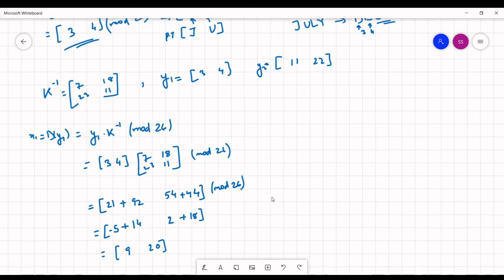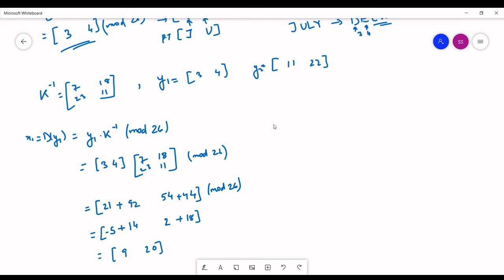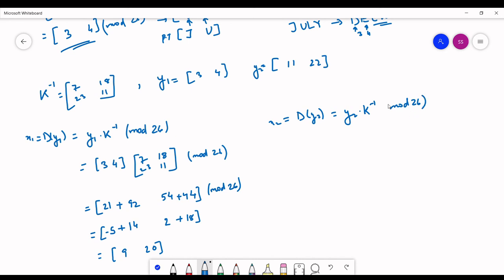Now I will show you the decryption of Y2. X2 is equal to decryption of Y2, which is Y2 into K inverse mod 26. So this can be written as Y2 is 11 and 22 and K inverse is 7, 18, 23 and 11, right?